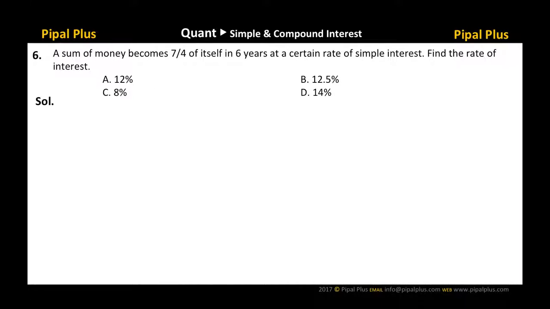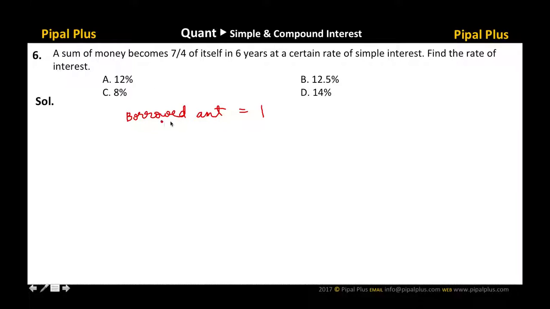So this question says a sum of money becomes 7 by 4 of itself in 6 years at a certain rate of simple interest. What we need to do is find what that interest rate is. All right. So let's say we start with the borrowed amount equals rupee 1.